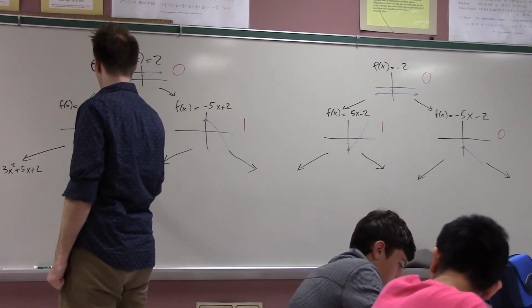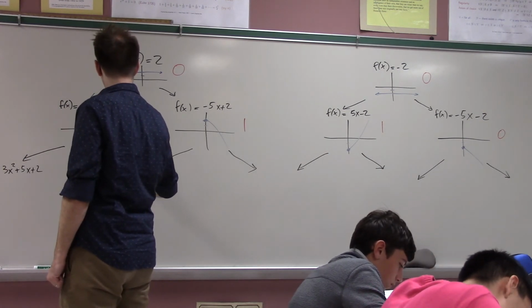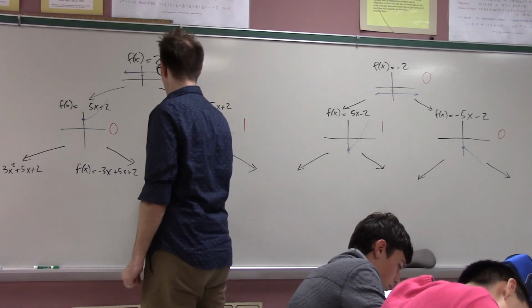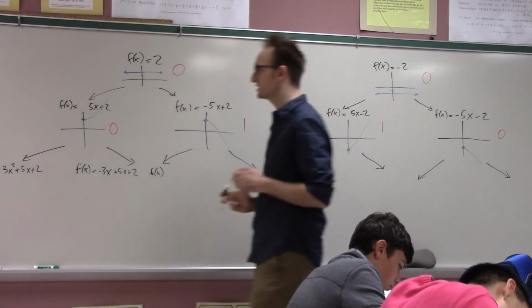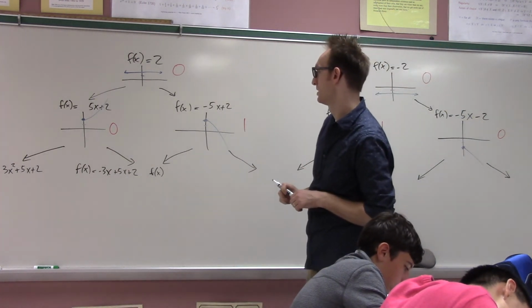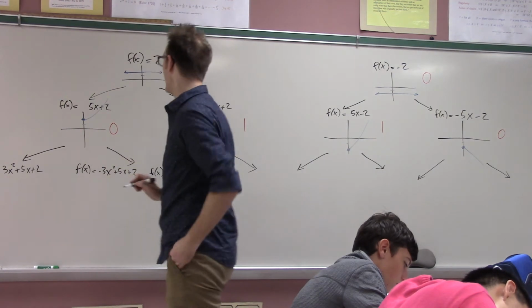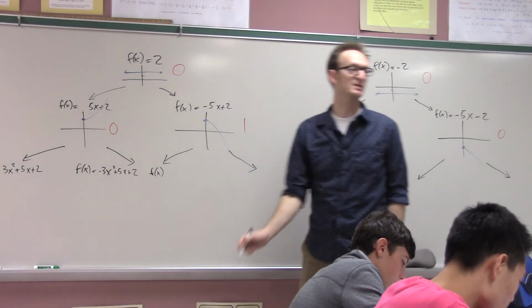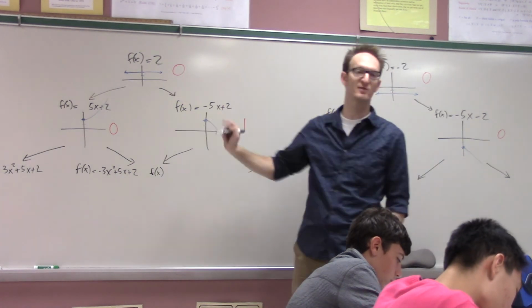And negative 3x squared plus 5x plus 2. So in the next row of the tree, consider adding a positive and negative coefficient quadratic term to the front of each of the previous graphs.